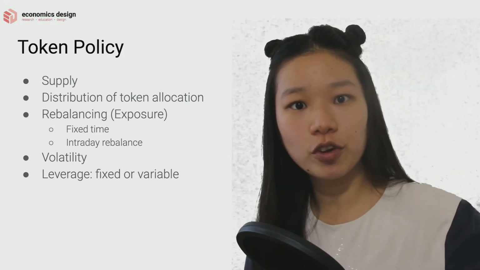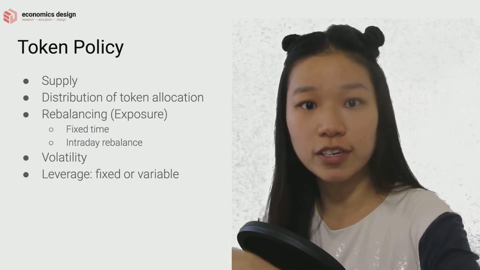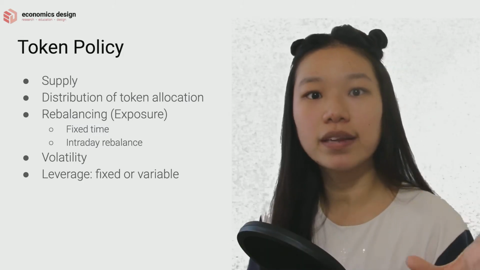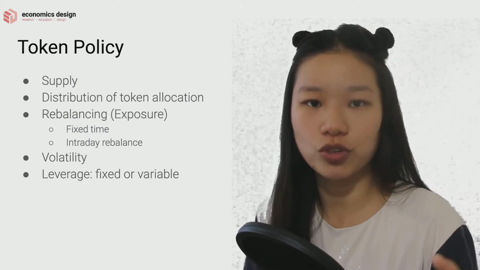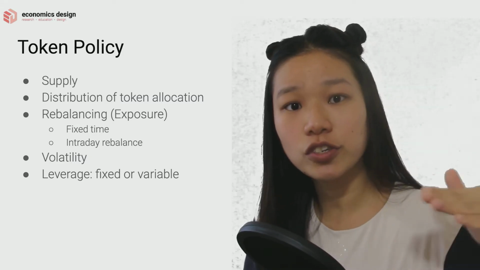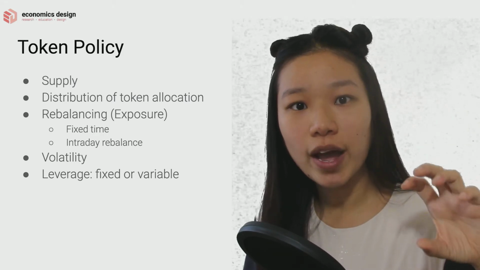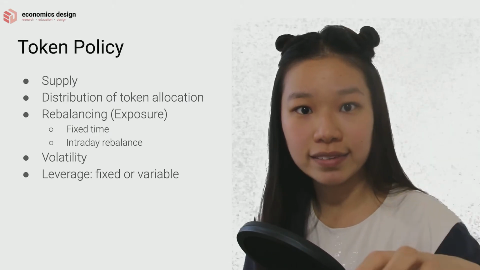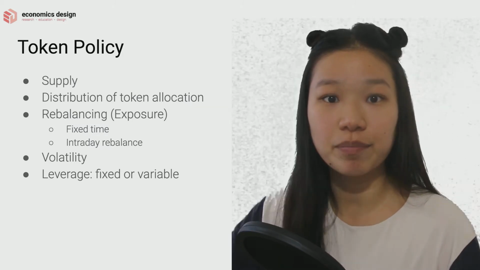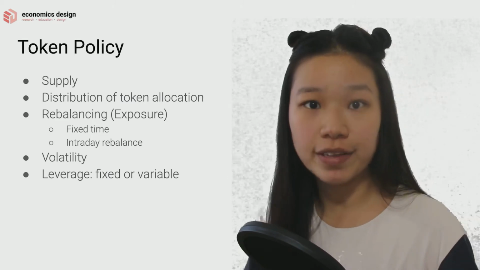So for example, if the value drops 5%, increases 5%, drops 3%, increases 6%, the token rebalances because it's programmed to do so, to reduce your exposure when it drops. But because it reduces your exposure when it drops, you have less underlying asset. So when it rises again, you have less exposure and you gain less. Compared to a static position, which doesn't rebalance and just has exposure based on the fixed underlying asset.